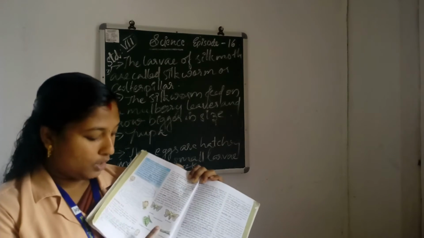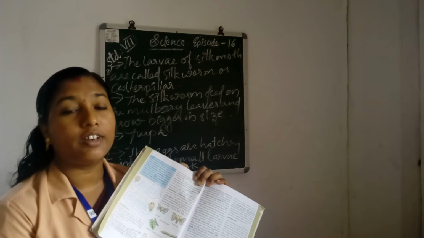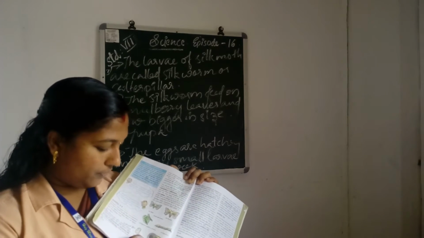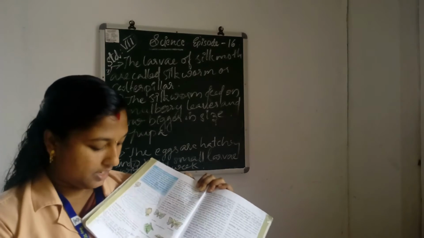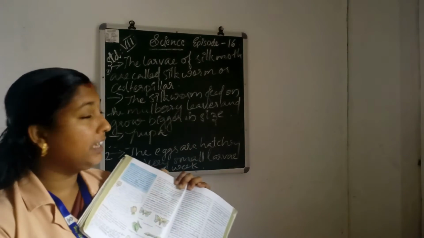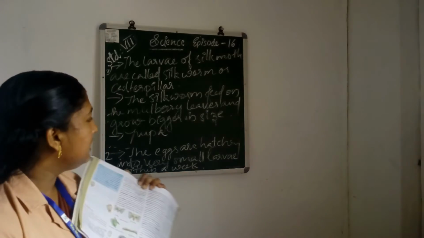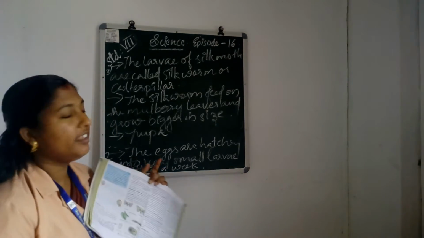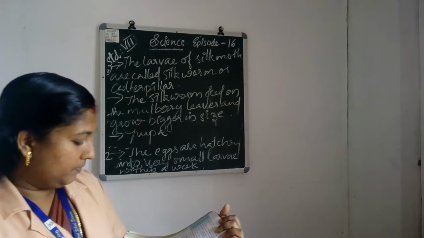The larvae of silk moth are called silkworm or caterpillar. The silkworm feeds on the mulberry leaves and grows bigger in size. The next stage of development is called pupa.